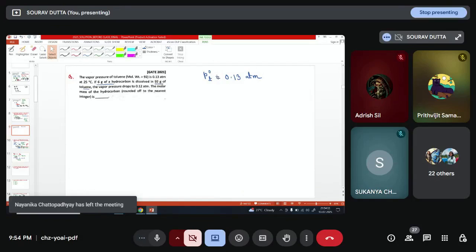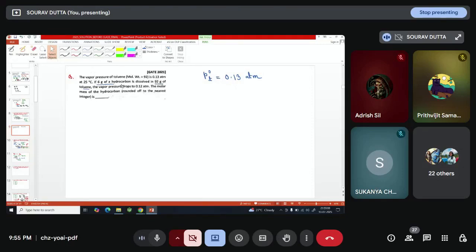In the pure state, the vapor pressure of toluene is 0.13 atm. This is the question: the vapor pressure drops to 0.12 when some solute is added in this particular solvent, toluene. Then the vapor pressure will decrease and the value reaches 0.12 atm.